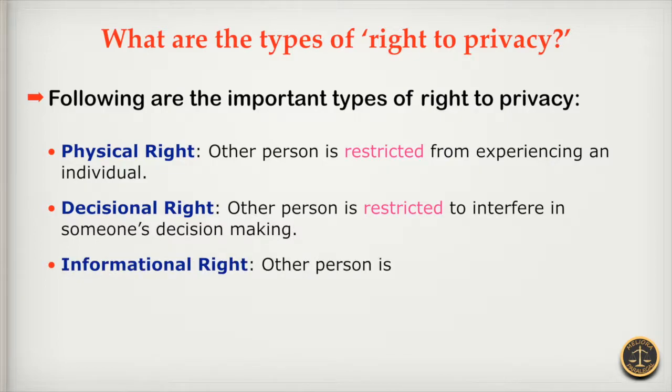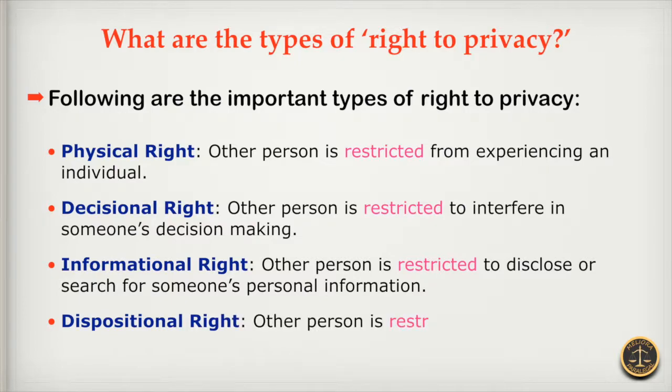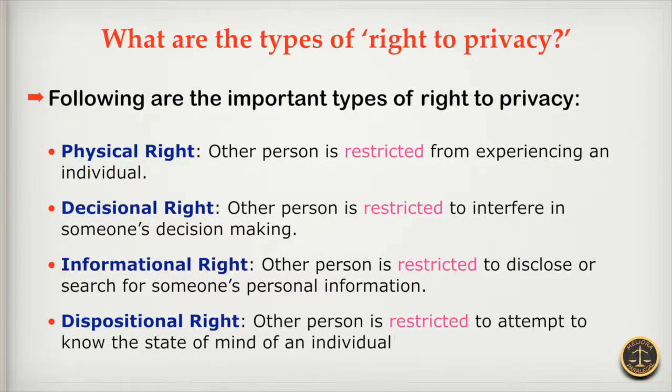Informational right: other persons are restricted from disclosing or searching for someone's personal information. And dispositional right: other persons are restricted from attempting to know the state of mind of an individual. The literal meaning of dispositional is internal state and characteristic of mind.